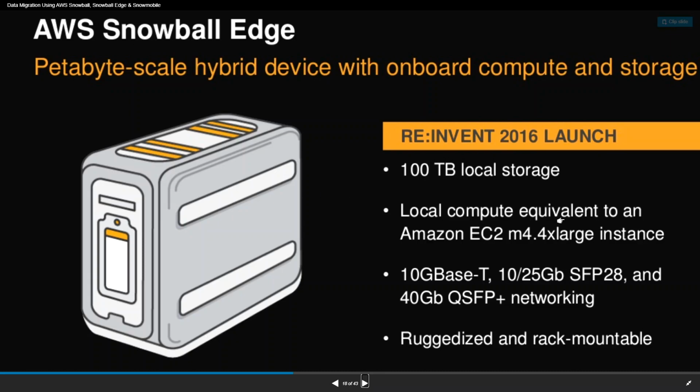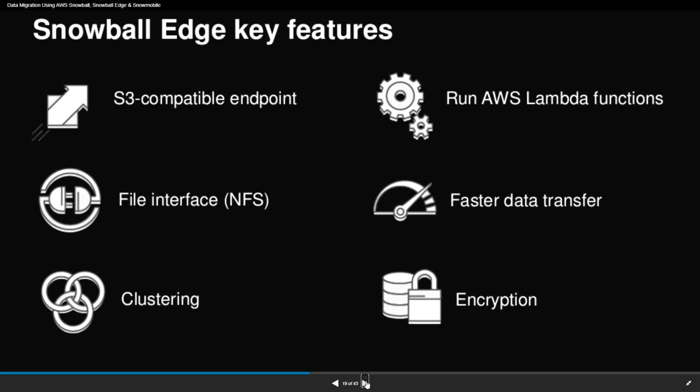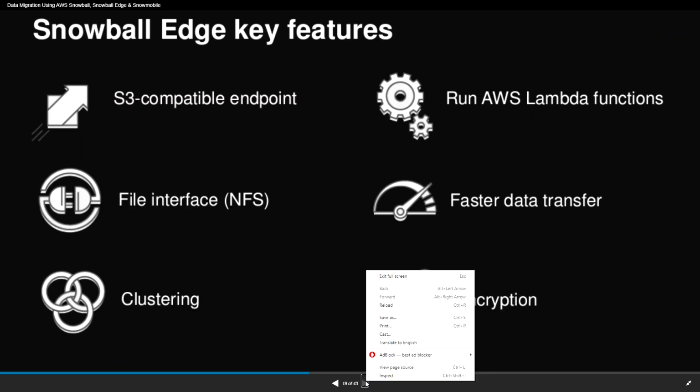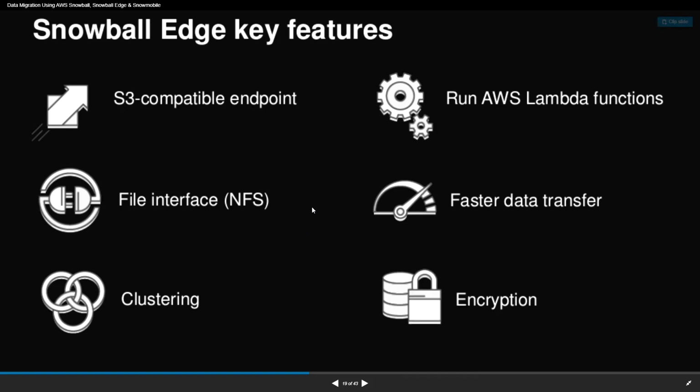After that you have the Snowball Edge, so you have a complete instance. It's like if you had an EC2 large instance. So it's intelligent. Okay, you take it with you, and you can put it offline. Here is the network, and you can put it in a rack if you want. Snowball Edge key features: S3 compatible endpoint, NFS, clustering, Lambda functions, of course, and faster data transfer and encryption.